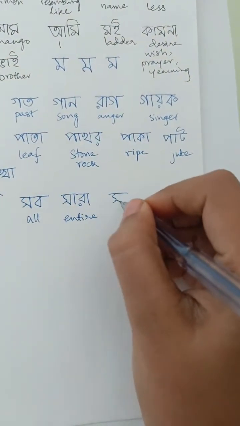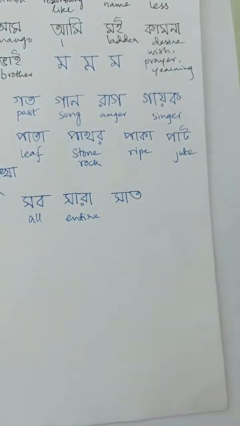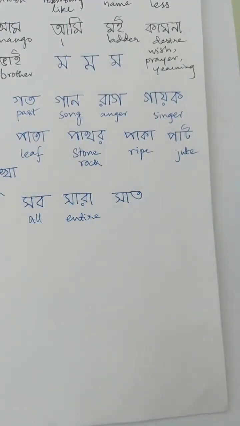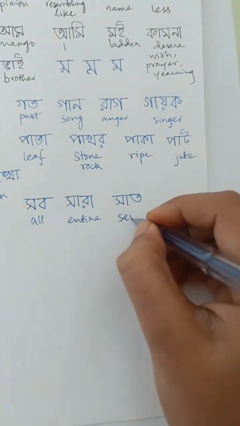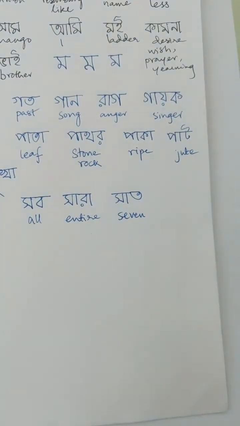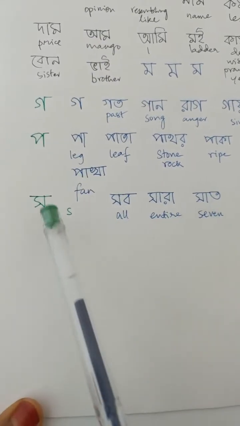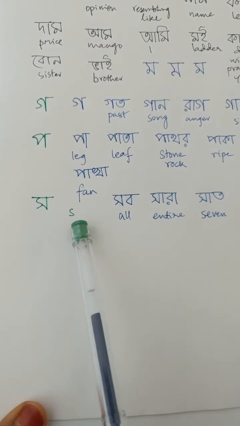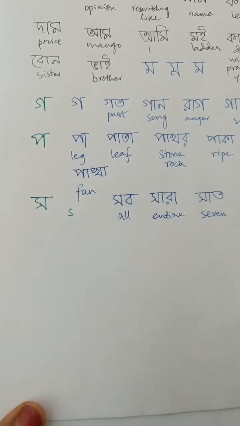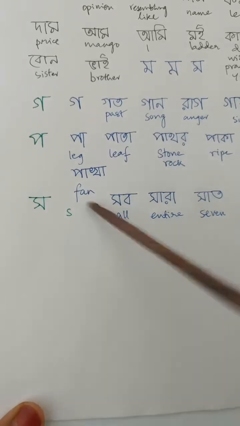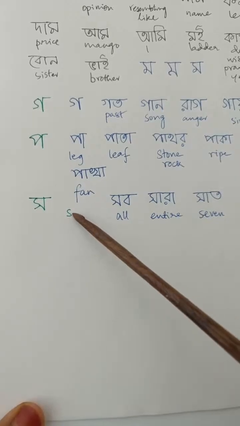This is a number. Those of you who know Bengali numbers, do you know what this is? 7. Shat. So in all of these examples, this letter has the potential of sa. Okay, I want to use my pointer here. Sa.